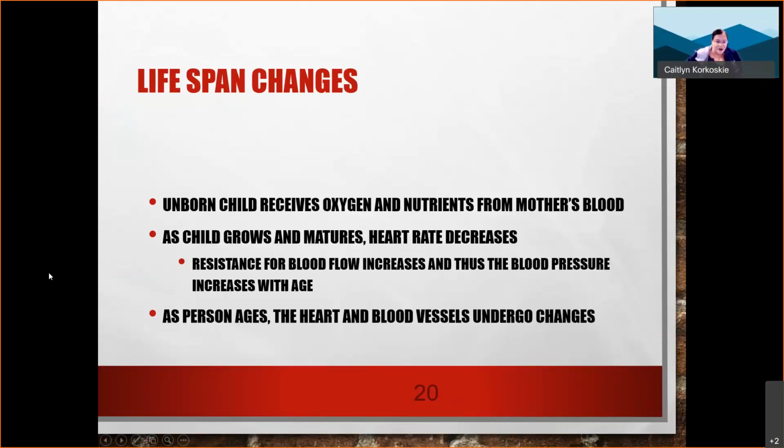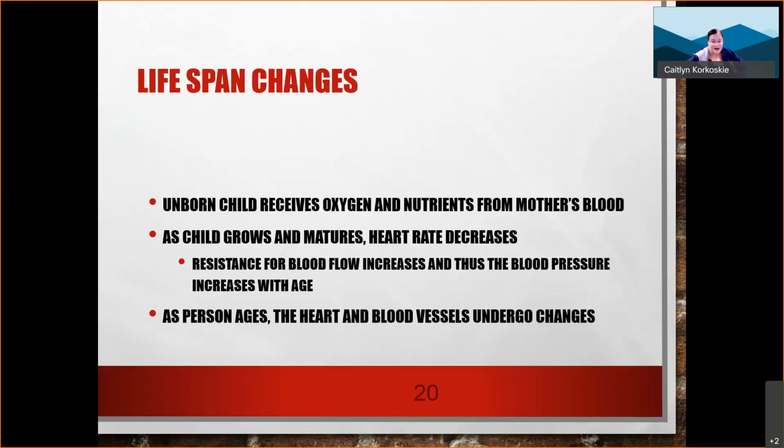Unborn children are getting their oxygen and nutrients from the mother's blood. While they're in the womb, the mother's blood is circulating through the baby. That's kind of why, if there is a mother who has a bloodborne pathogen, it's highly unlikely that the baby wouldn't get it, because they are receiving blood from their mother.